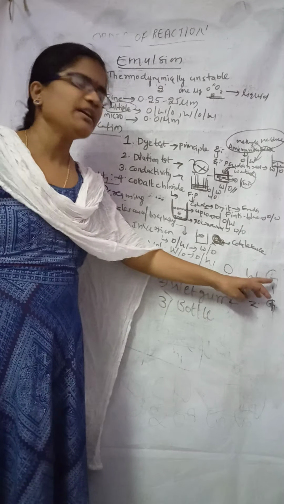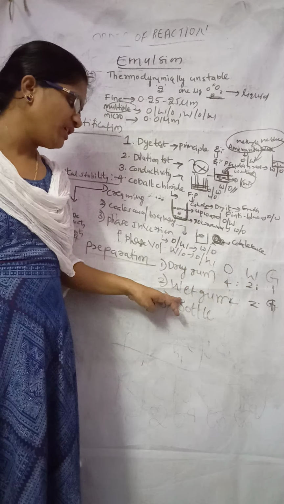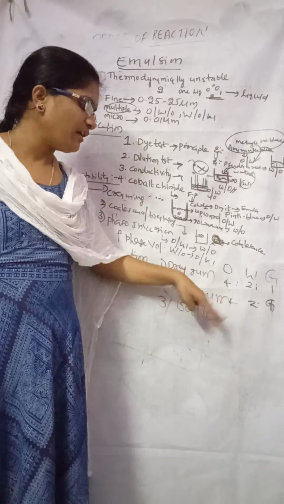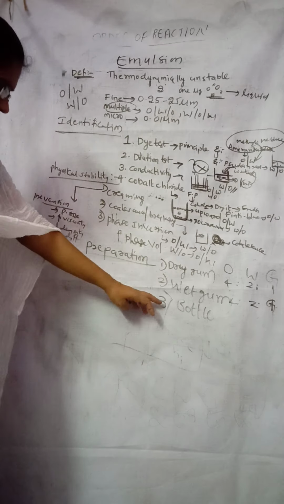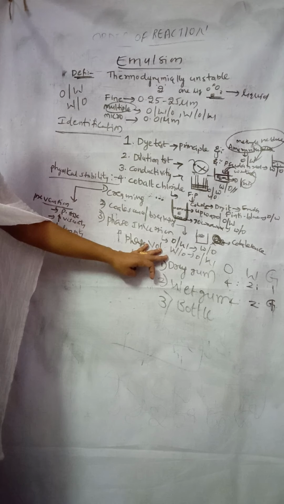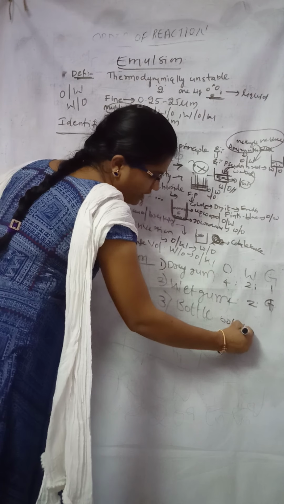Whereas in wet gum, you mix water and gum first. The gum will be wetted with the water, so it is called the wet gum method. And later you add the oil. Next, the bottle method is similar to the dry gum method, but the process is carried out in one bottle, so it is called the bottle method.